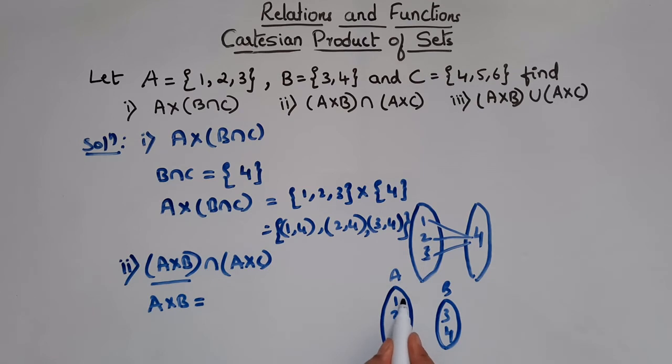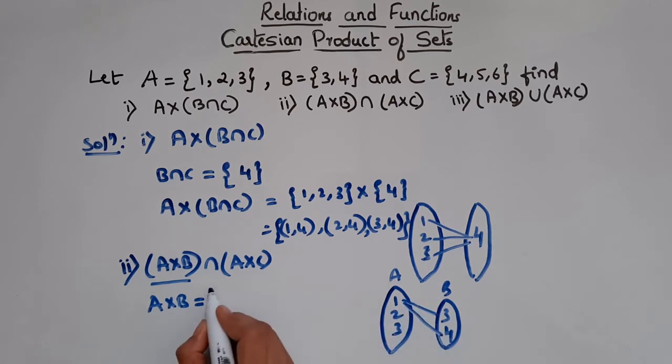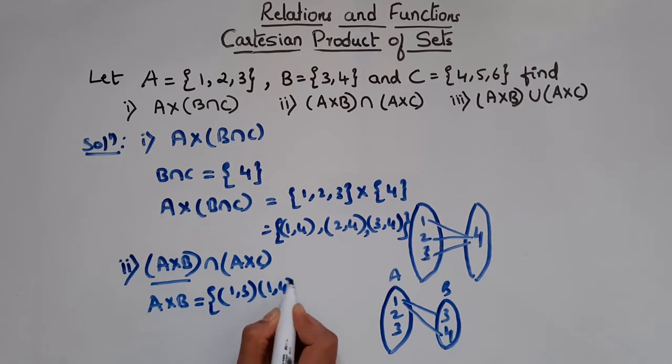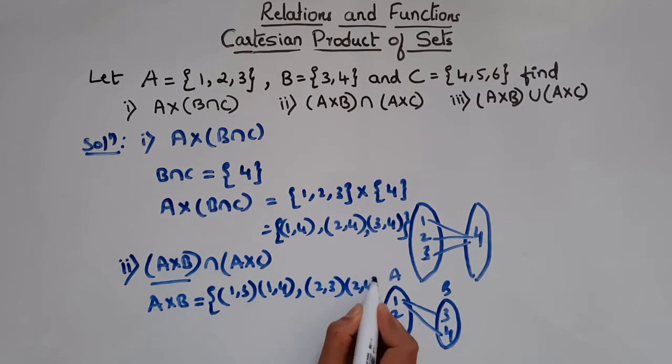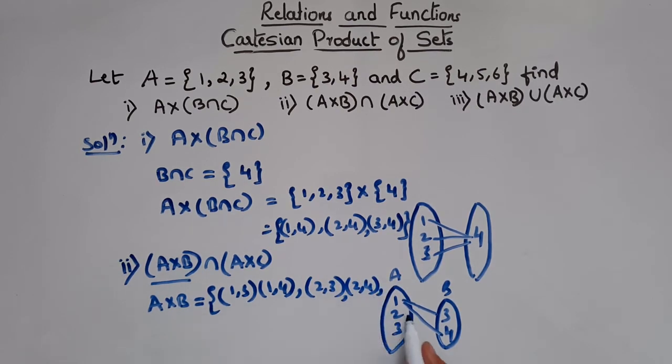So let's pair these: 1, 3, 1, 4, and we have 2, 3, 2, 4, and next we have 3, 3 and 3, 4. So this is set A cross B.